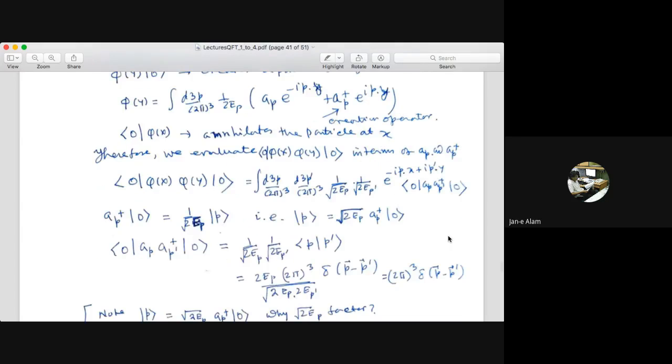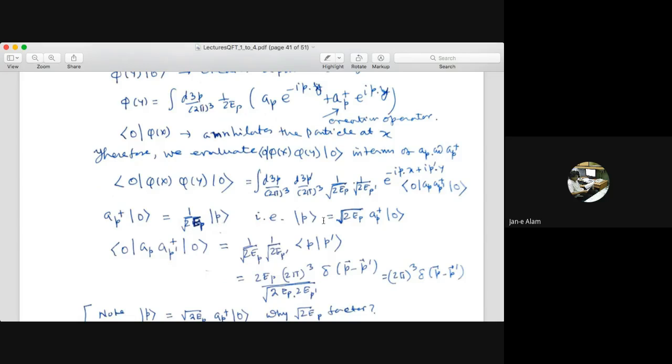Okay. Now, we know that from the vacuum we can create a particle with a_p dagger. This is the creation operator, operating on 0 and giving me a particle with momentum p. And I have put here a 1 over root 2 E_p. This is simply the normalization, and there is a reason to put that.